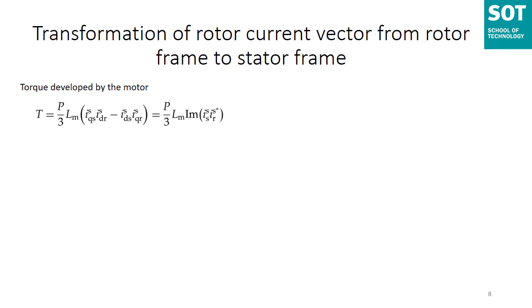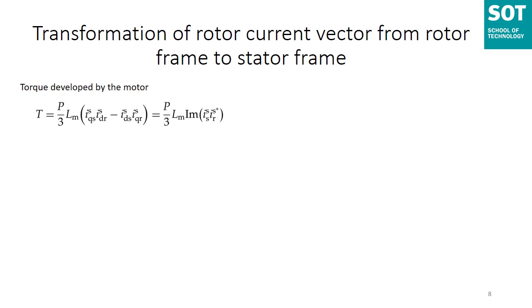Using this, the torque developed by the motor can be expressed as 3P by 2 Lm times IQS IDR minus IDS IQR, all four quantities referred to the stator fixed frame, which I can express in conjugate form as P by 3 Lm times the imaginary part of IS and IR conjugate.